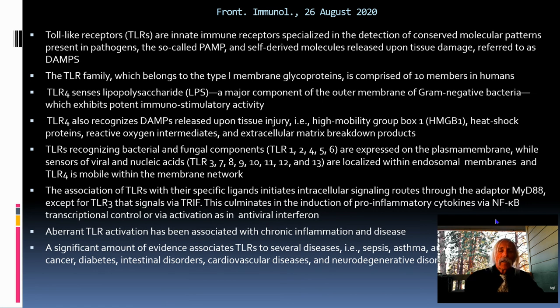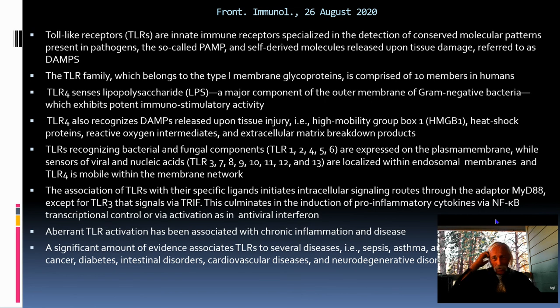So, TLR family, which belongs to type 1 membrane glycoproteins, is comprised of 10 members in humans. Okay? TLR4 senses, as we just saw in the previous paper, lipopolysaccharide from bacterial cell wall, which is a major component of the outer membrane of the gram-negative bacteria, which exhibits potent immunostimulatory activity.